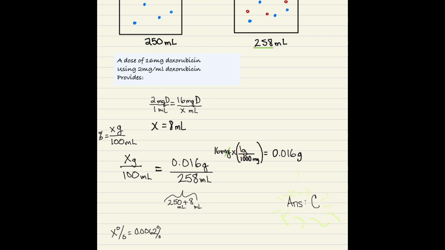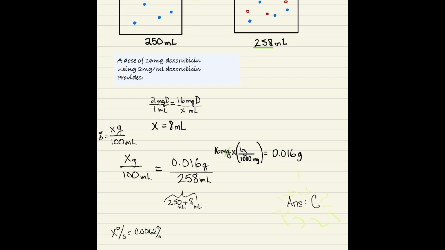We know that 1 gram is equal to 1,000 milligrams, so I can use that as a conversion. It's like saying 1 over 1, and anything times 1 is itself. We converted to grams at 0.016 grams. I enter that here on top.